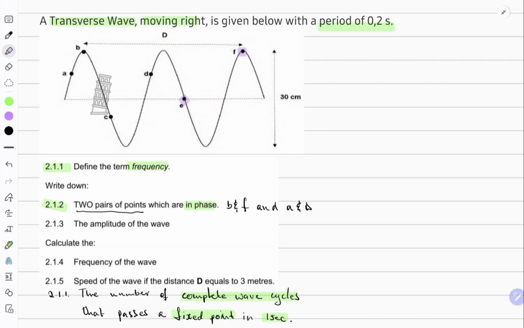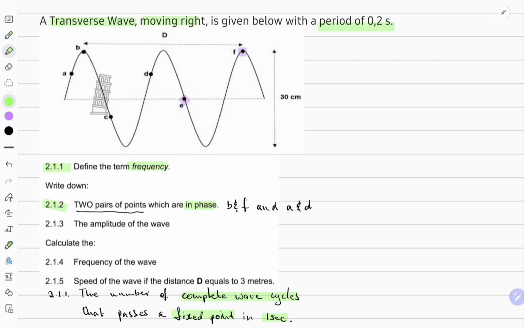E and F are not in phase because E lies on the equilibrium and it leads towards a downward disturbance, and F lies on the crest. It also leads to a downward disturbance, but their positions don't correspond on the waveform. If E was here, it would have been a different scenario. So the only 2 pairs of points that are in phase are B and F, and A and D.